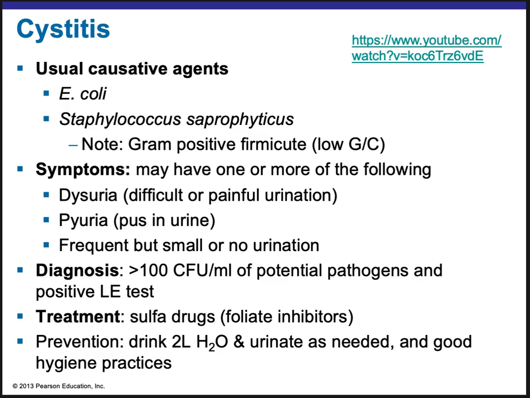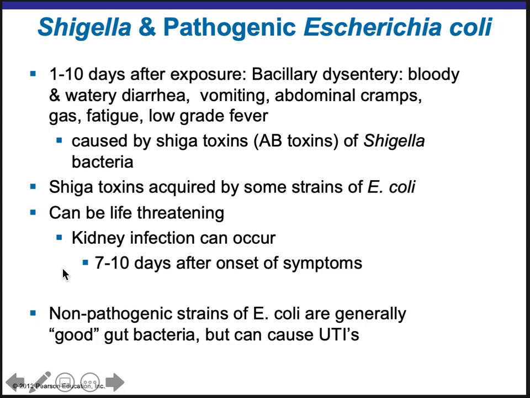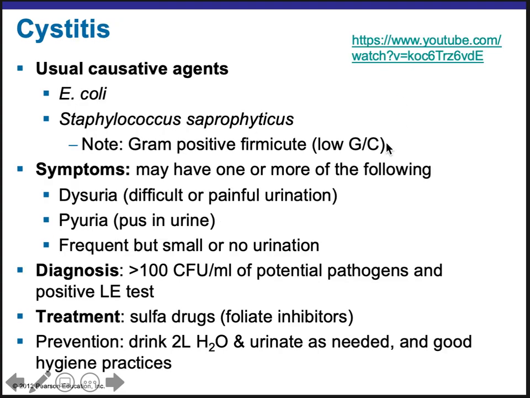So I mentioned how this is different from HUS with the pathogenic E. coli in that typical UTI infections, or cystitis in particular, would be a frequent, urgent feeling of needing to go, but not necessarily being able to. You can't produce urine that quickly necessarily.